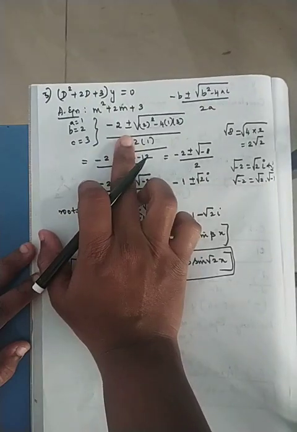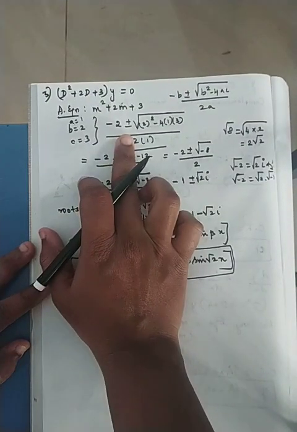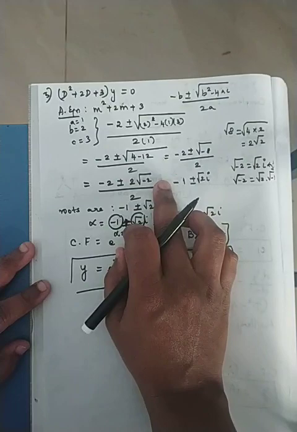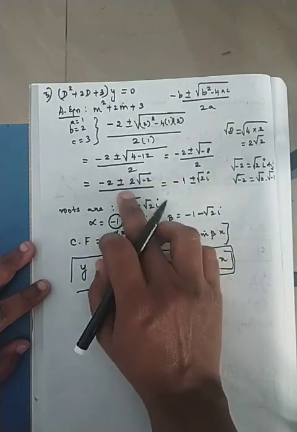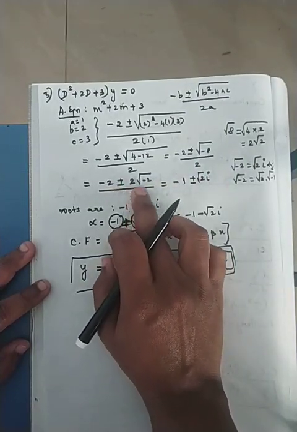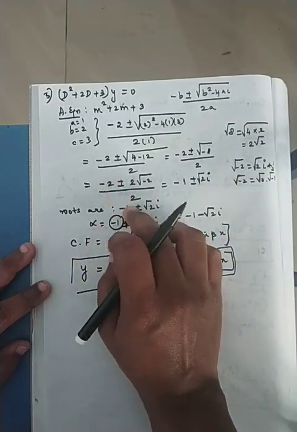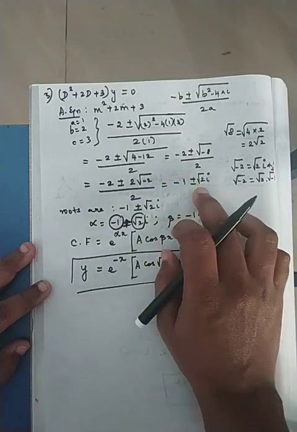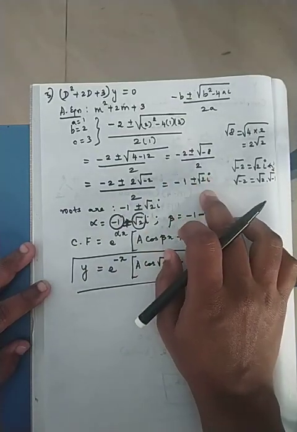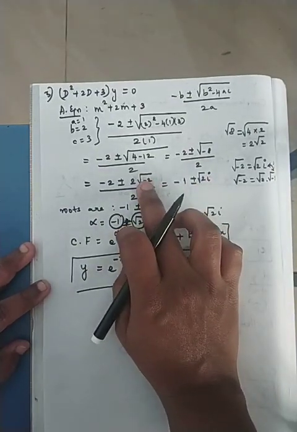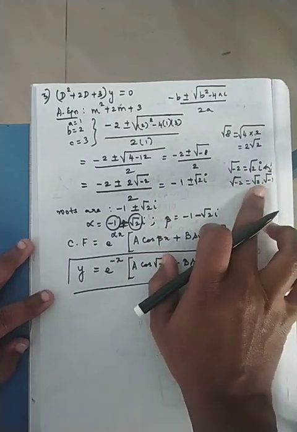Since this is not a real root, I can go finding out the roots by using our formula, where I am getting minus 2 plus or minus 2 into root of minus 2, by 2. Taking 2 common outside everywhere, it cancels. So I will be getting minus 1 plus or minus root 2i. Why 2i? Minus 2 I can write as 2 into minus 1.